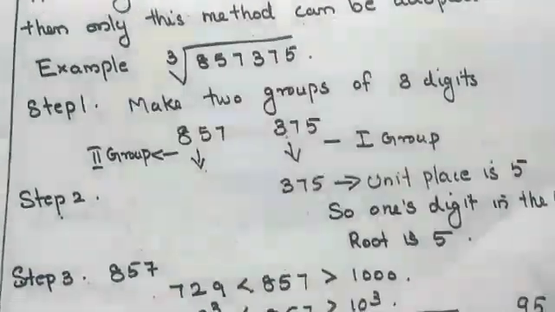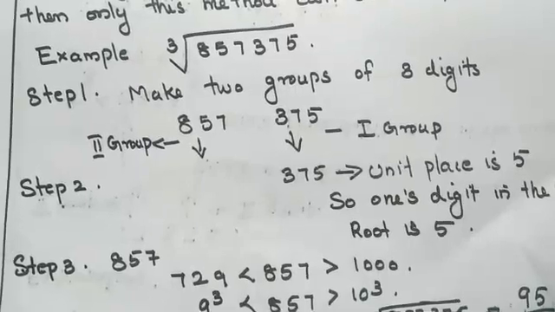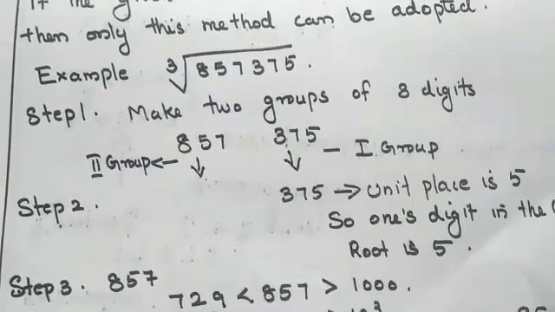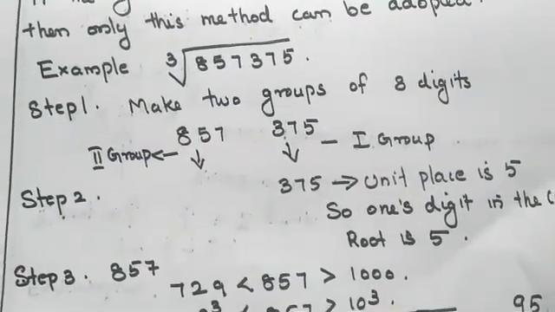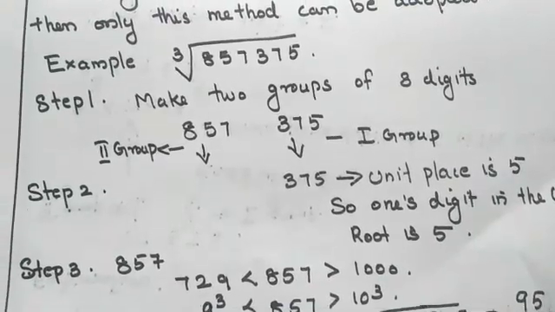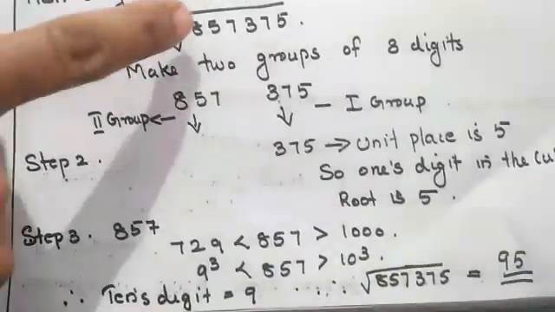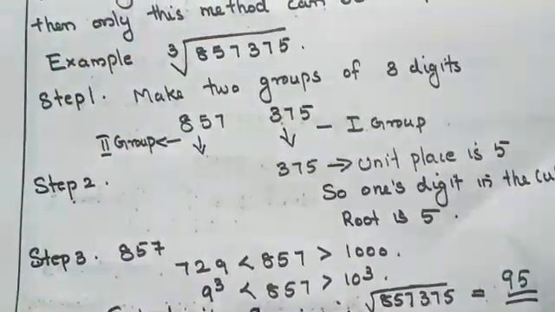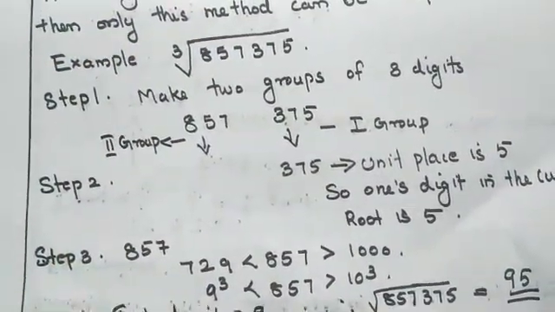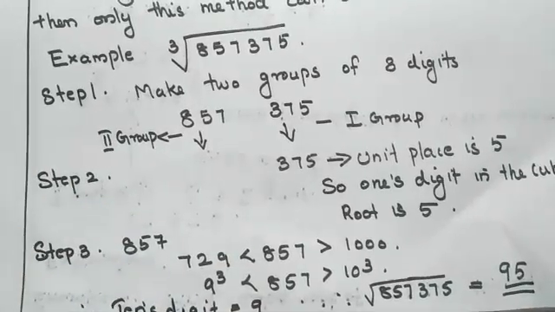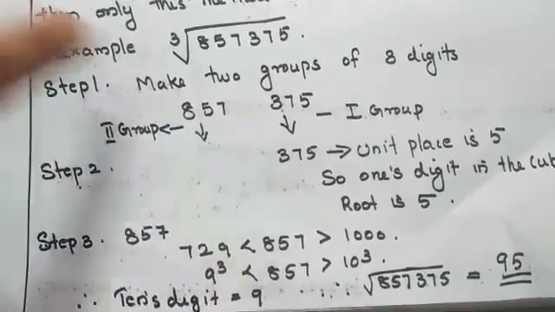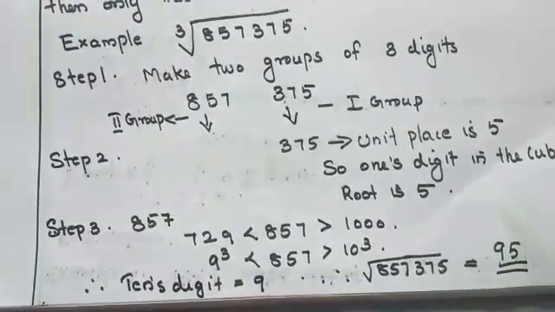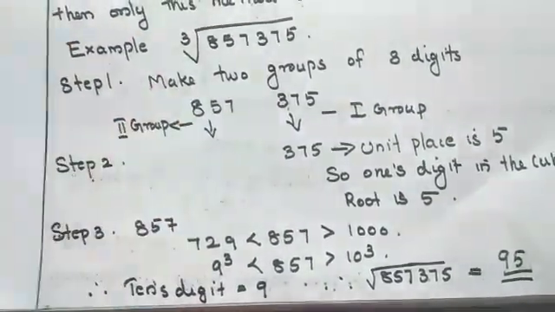First step, we make the digits into groups. That is, if the question is to find the cube root of this number, here 6 digits are there. From the right, we will group them into 2 groups. First group 375, next 857.